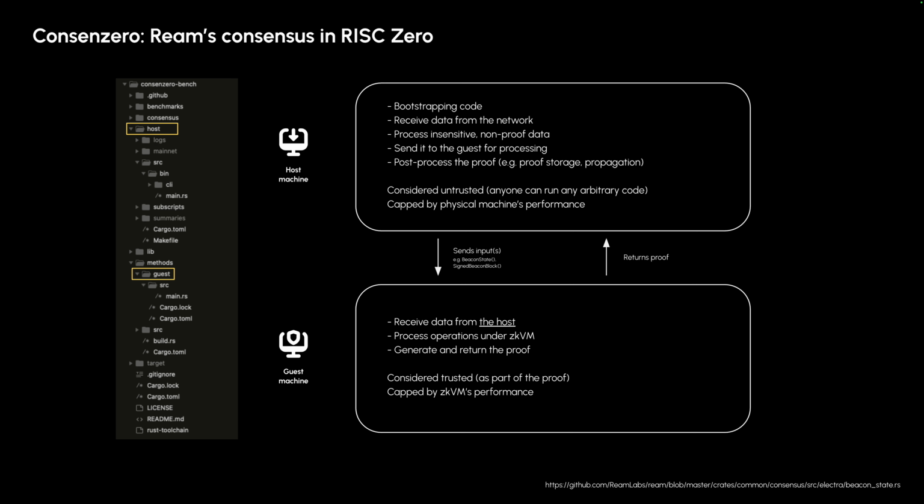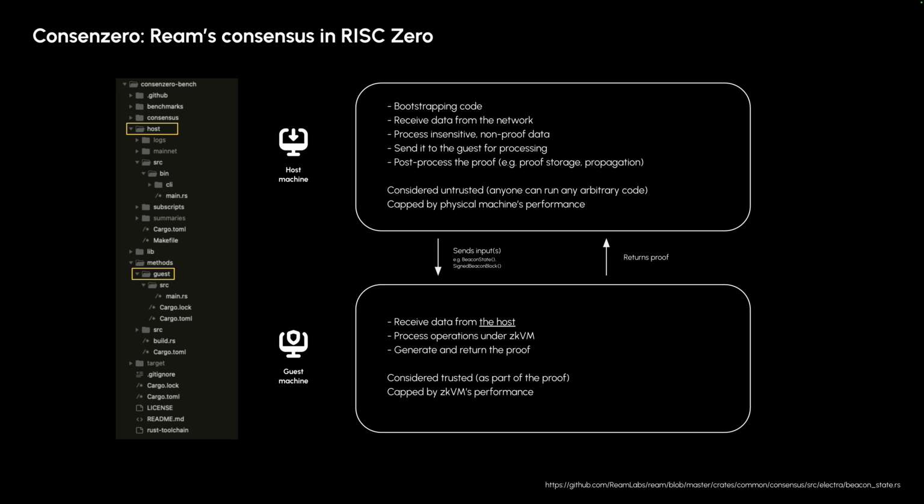This part you can consider as trusted because everything that gets run here is part of the proof. But the only downside is that it's capped by the zkVM performance. As far as I know, it's single-threaded, and because there are a lot of arithmetic operations happening behind the scenes, performance inside the zkVM can be really, really slow compared to the performance of the host.